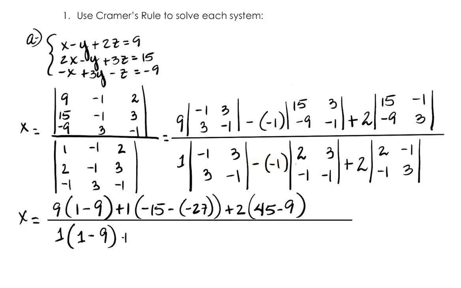So we get plus 1 that multiplies 2 times negative 1 is negative 2, minus 3 times negative 1 is negative 3, plus 2 that multiplies 2 times 3, which is 6, minus negative 1 times negative 1 is positive 1.